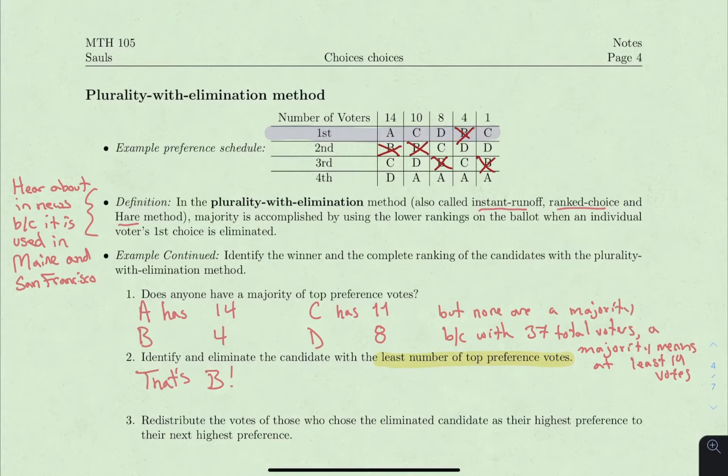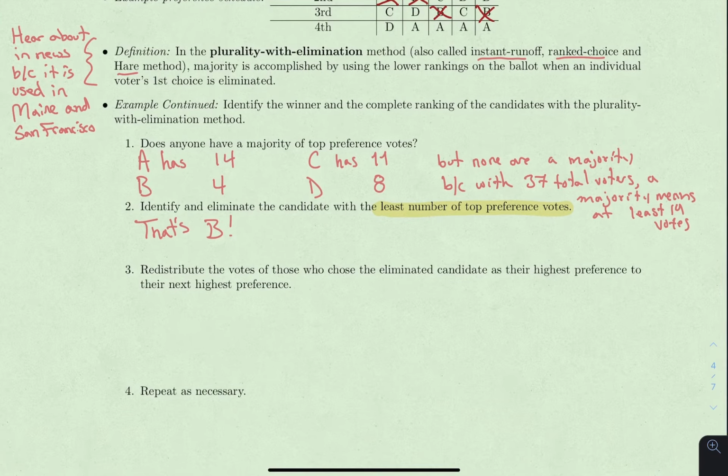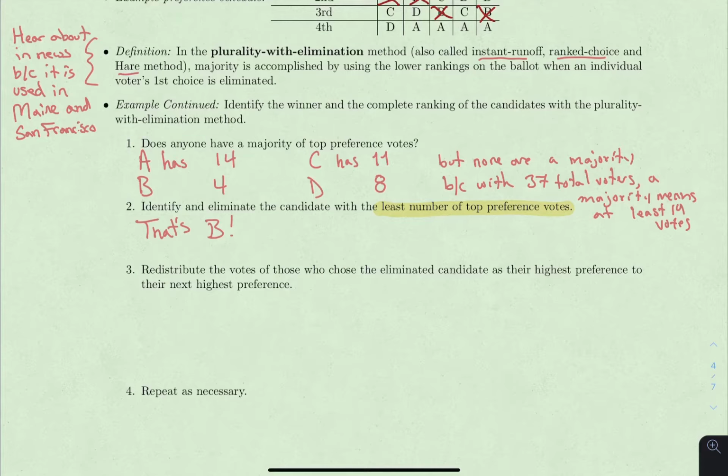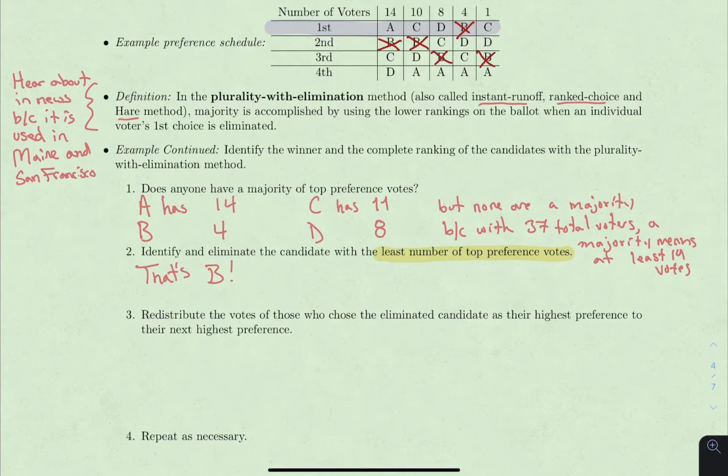And this is where the specifics of the method come in, what to do with those people. We're going to redistribute those votes to who they would have wanted as second. So let's just draw these ballots again. 4 people chose B as their favorite, with then D, C, and A following.